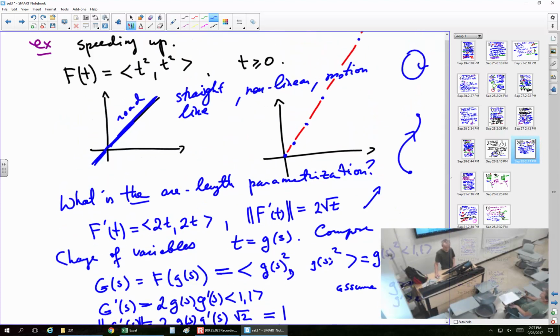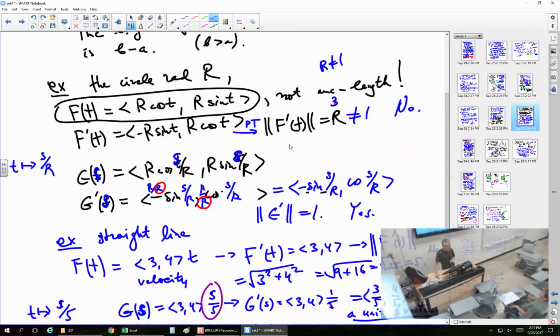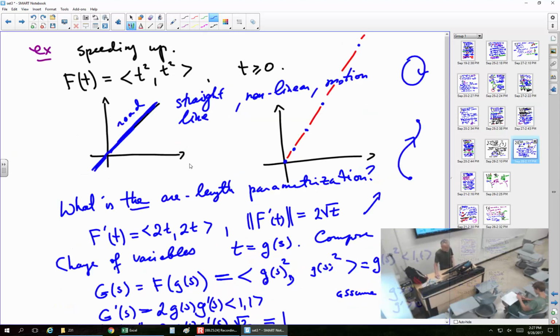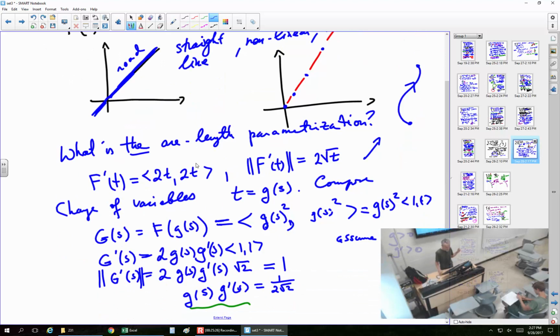In these two examples, the linear change of variables worked out only because the speed was constant. The speed was constant, say 5, and we needed this extra coefficient that we plugged in where it was necessary, to adjust, and then everything works out. But in this new example, we are accelerating, and our speed is not constant, unfortunately.